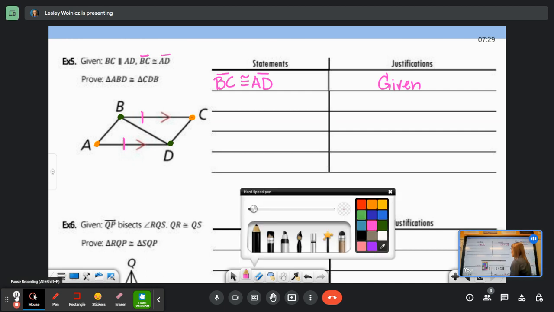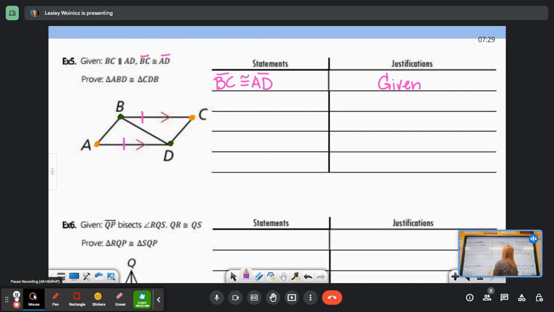Okay. We know some information about another side. These triangles share a side. So if I look at the order, in one triangle it's BD and in the other one it's DB. Just make sure that you're watching the order.